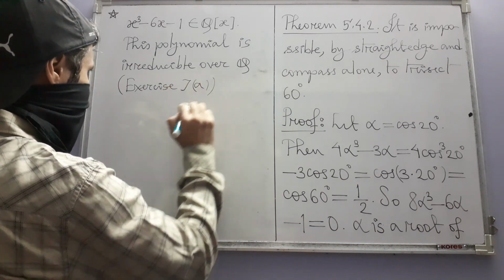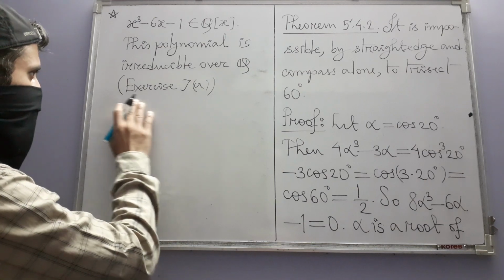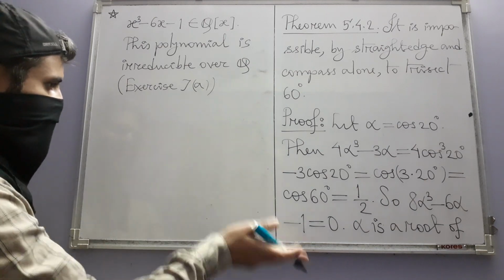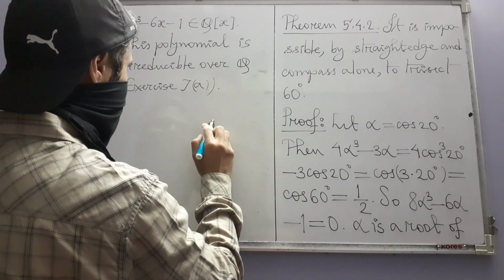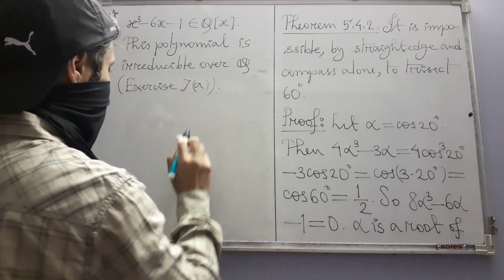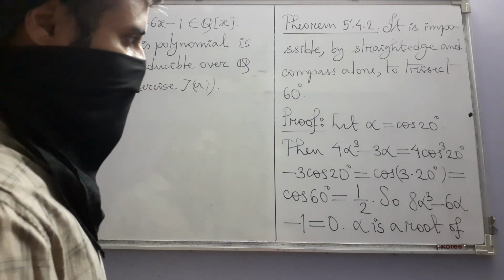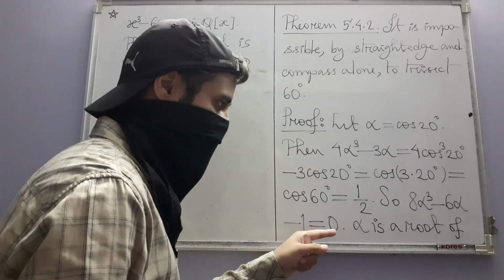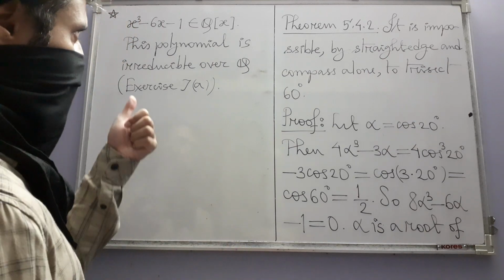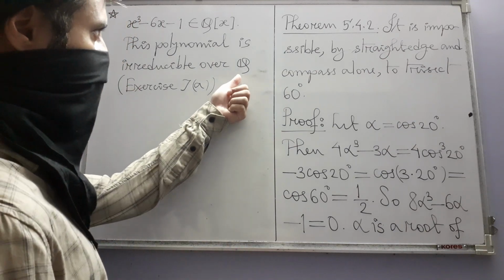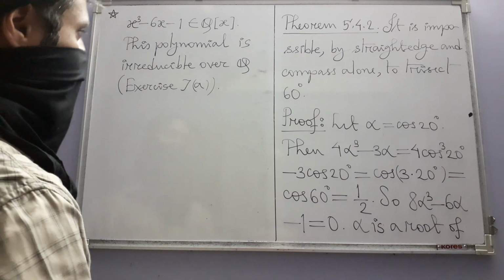We are yet to see the exercises now. So when we will solve these exercises, then the gap will be filled in. So what is it that now we have? The real number alpha satisfies an irreducible polynomial over the field of rational numbers.